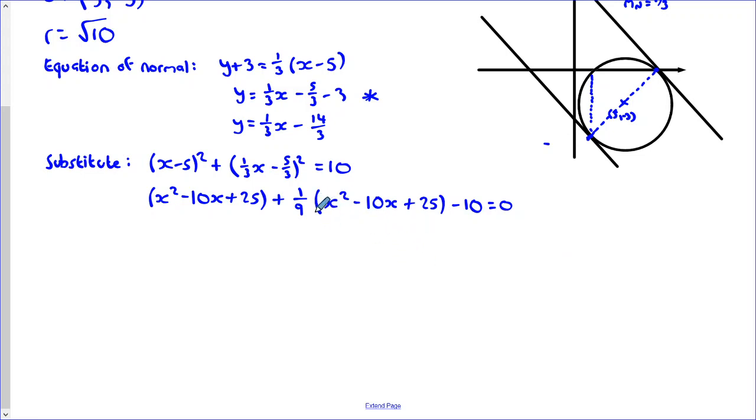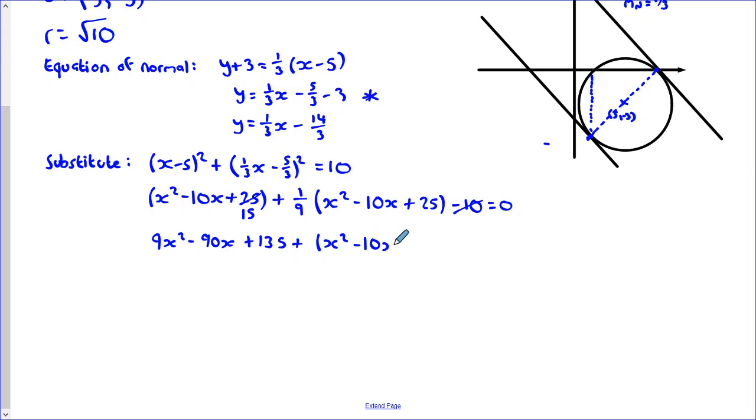Right, I've got this ninth to deal with, so I might just subtract this 10 off the 25 first. So that now, when I times by 9, it's one less thing to times by 9. If I times these three things by 9 so that I can get rid of this one, I will get 9x squared, take away 90x, plus 135. And then this bracket now without the ninth on it.